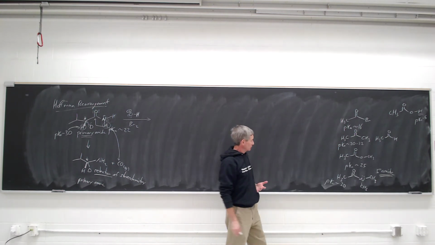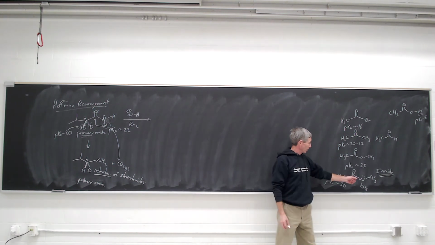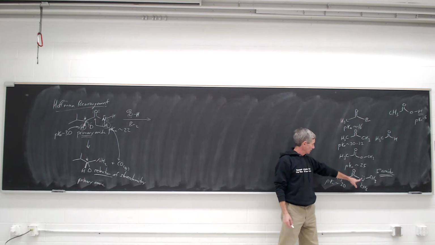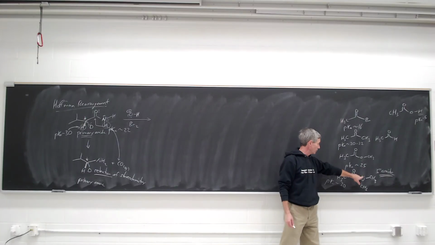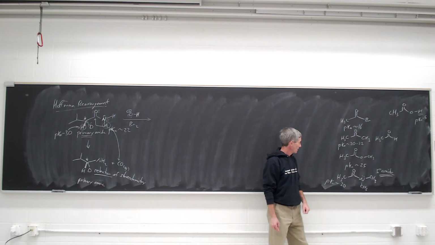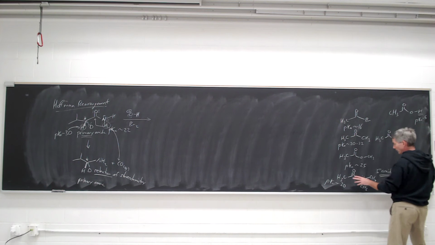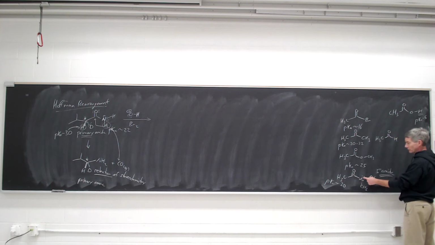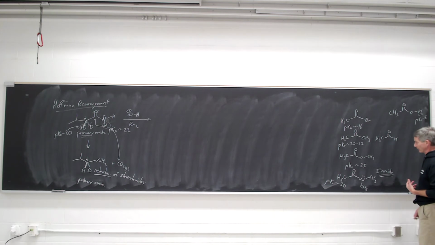So as you might expect, the more the carbonyl carbon is stabilized by forming a double bond to the atom with a lone pair, in this case the nitrogen, in this case the oxygen, the less acidic the alpha hydrogen becomes. Because if the lone pair on the nitrogen is already participating in resonance, then the negative charge on the alpha carbon can't participate in resonance.